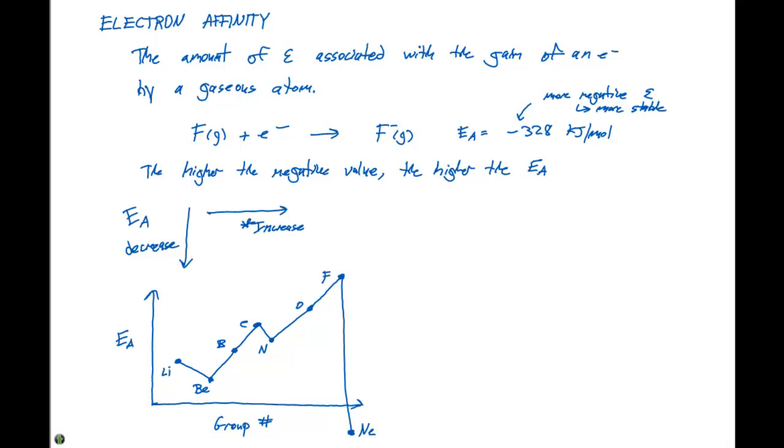For example, this would be negative 328 kilojoules per mole on the scale, but we represent that as the largest electron affinity. Okay? For neon, the electron affinity is going to be much greater than 0, because when we give an electron to neon, it does not want it, and it's going to become more unstable and not become stabilized. So these are the general trends that you need to look at when we discuss electron affinity.